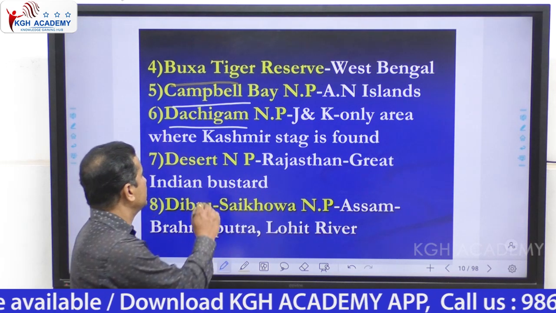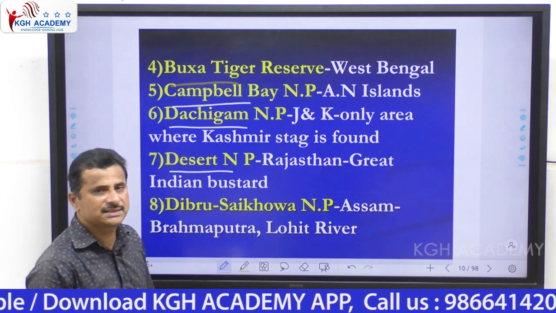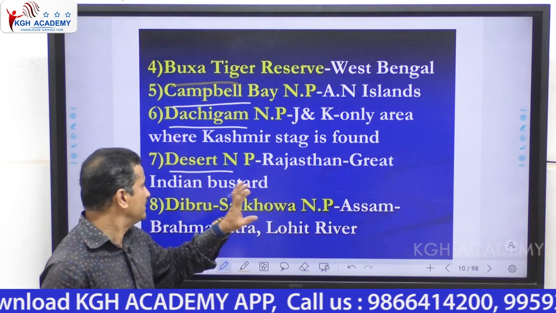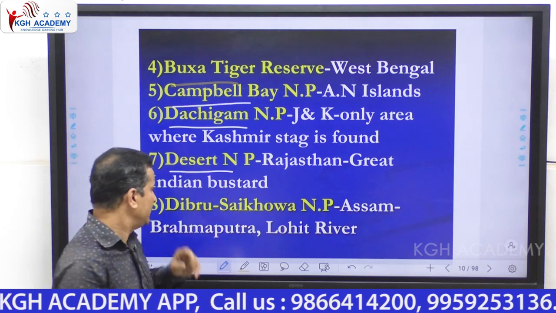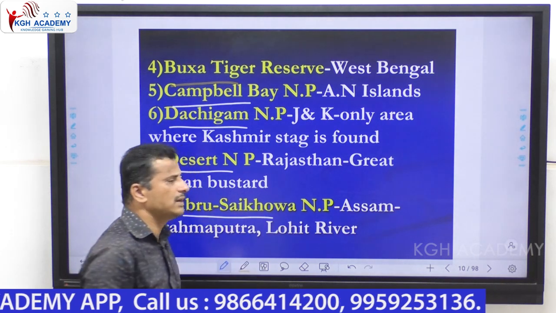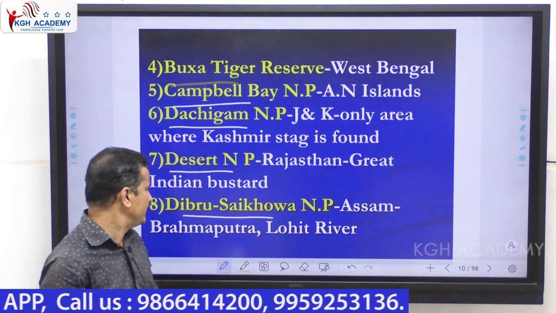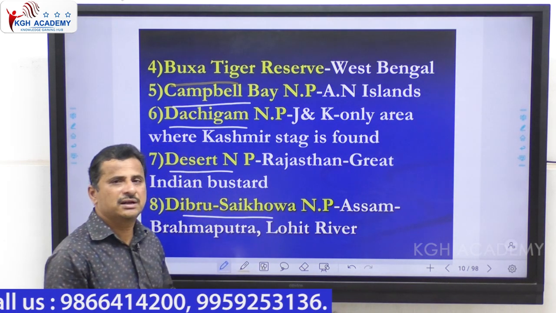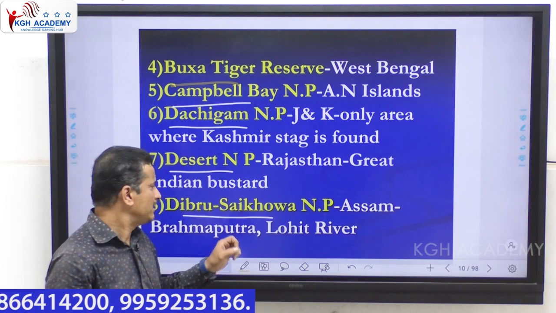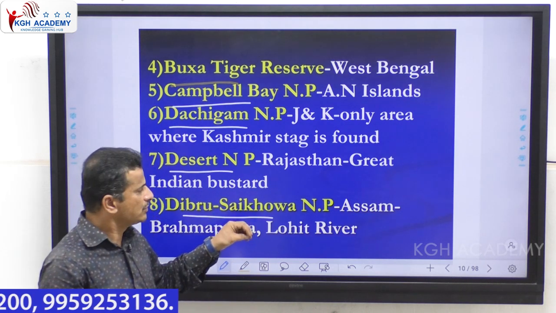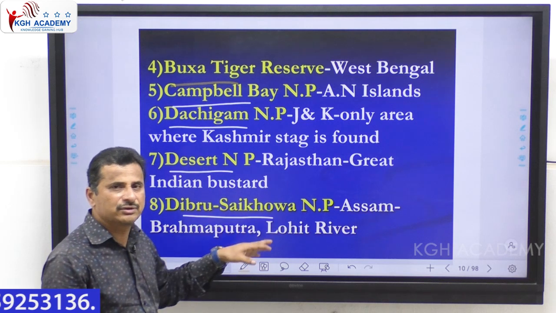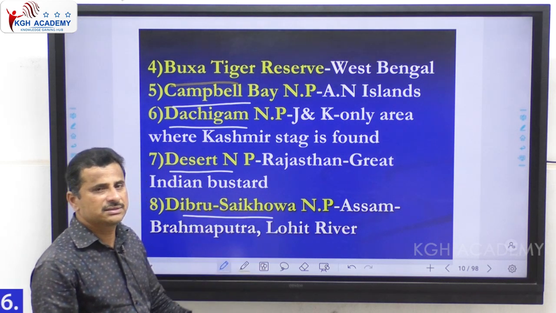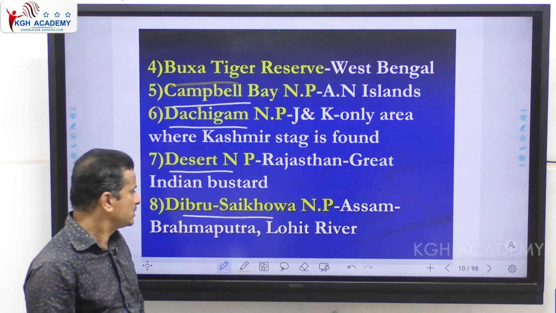Next is Desert National Park, Rajasthan, whose main animal is the Great Indian Bustard. Next is Dibru Saikhowa National Park, Assam. The Brahmaputra and Lohit Rivers flow through this Dibru Saikhowa National Park.